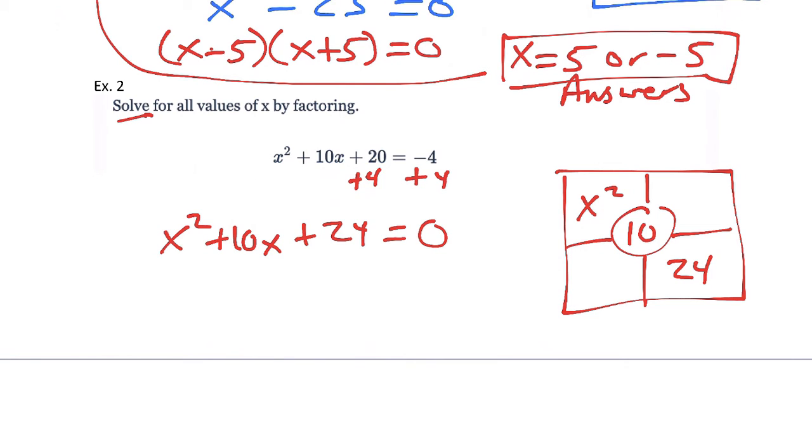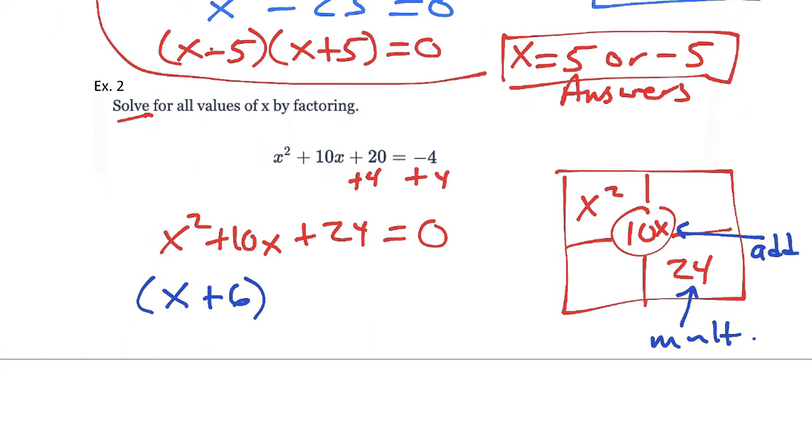The idea behind it is you're trying to figure out two numbers that multiply together to get 24 but add to get 10. Well, that's going to be 6 and 4. 6 and 4 multiply to get 24, but add to get 10. So what we're going to have is x plus 6 and x plus 4.